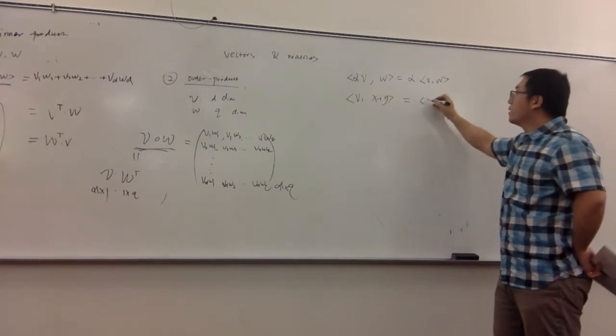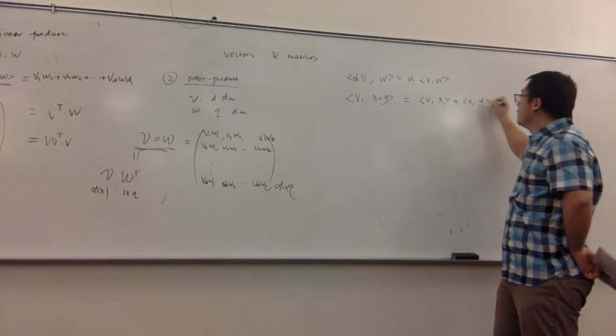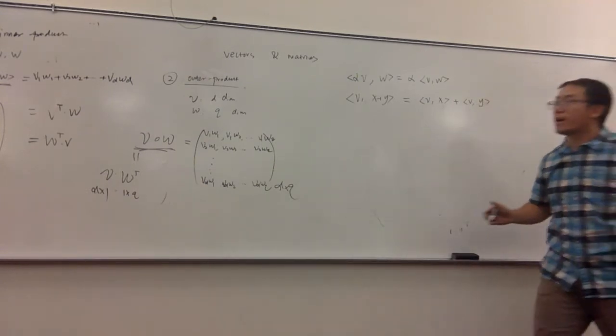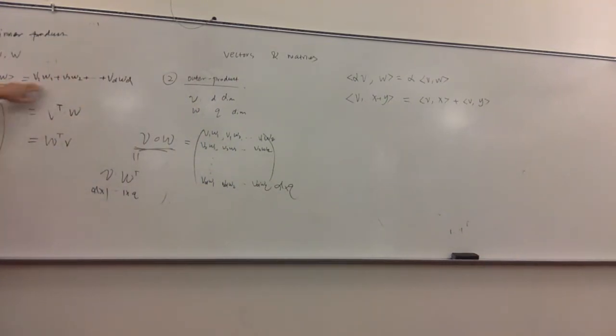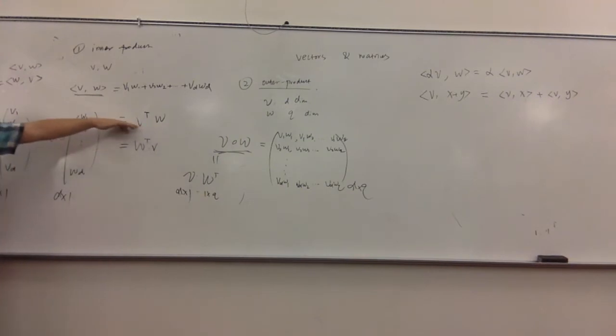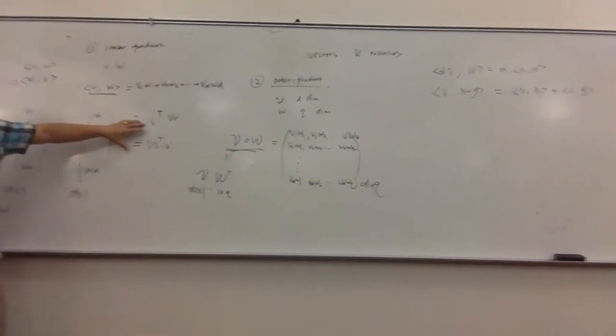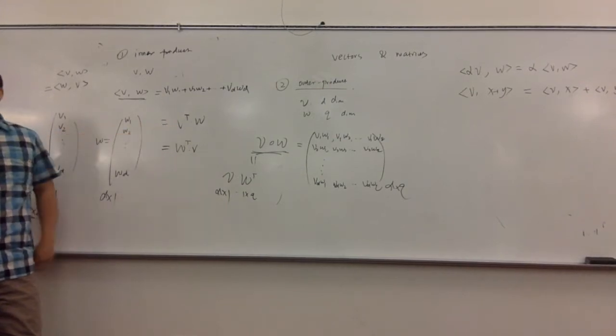So it is the inner product between V and X plus the inner product between V and Y. You can verify it from the definition here. Now each element in W will be expressed as X1 plus Y1, X2 plus Y2, right? Then you can distribute the summation over the multiplication, or you can check using matrix multiplication. So this is actually a typical instance of the distributive law in matrix multiplication.